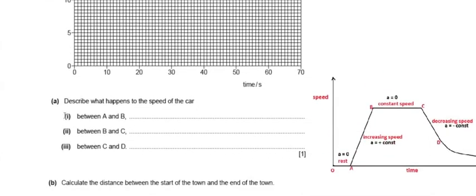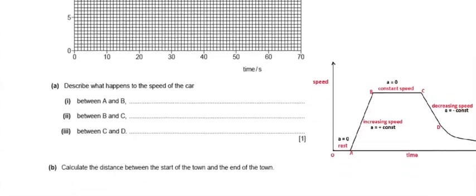So part A of the question: describe what happens to the speed of the car. Here you can see this itself is a speed time graph, and the graph is directly showing you the speed is decreasing from A to B, from B to C it is constant, and from C to D it is increasing.